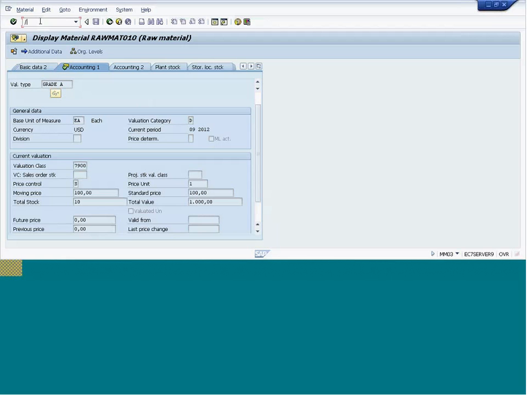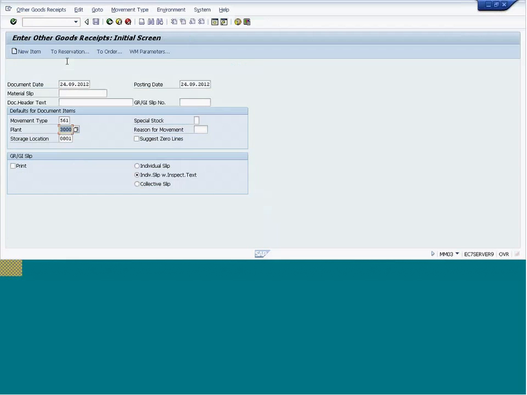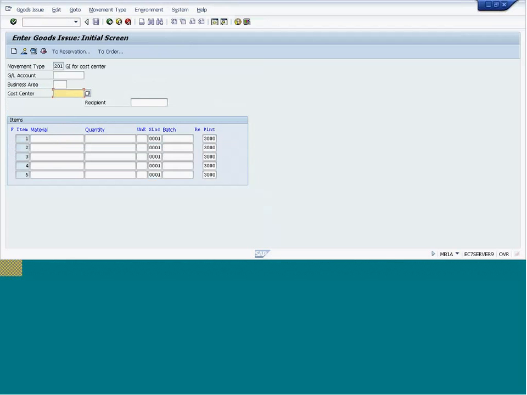You have to issue it, so let's go to MB1A and issue again with movement type 201. When you are issuing to the cost center, it will ask which grade you are issuing.